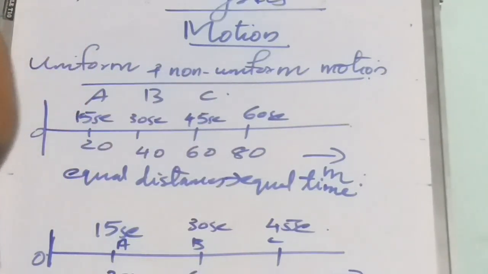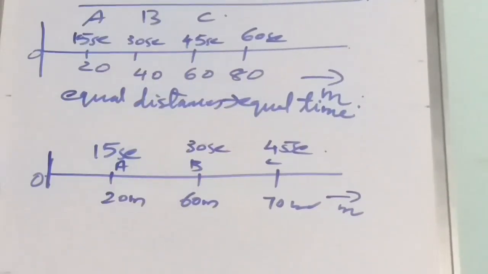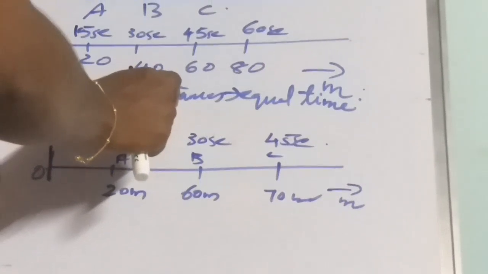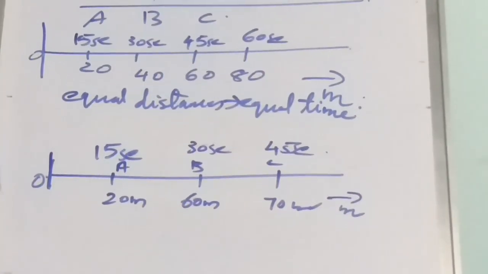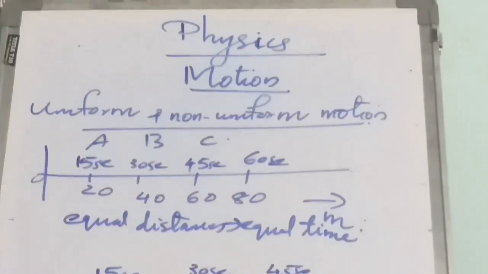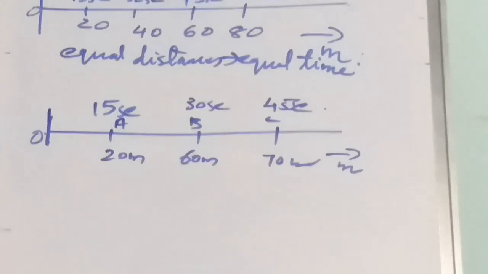Such a motion is called uniform motion. That is, in uniform motion, an object covers equal distances in equal intervals of time. The rotation of the earth and the movement of the hands of a watch can be considered as uniform motion.